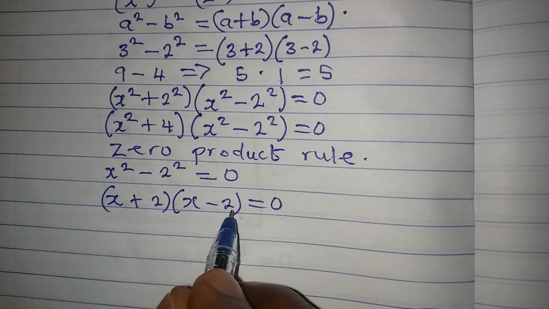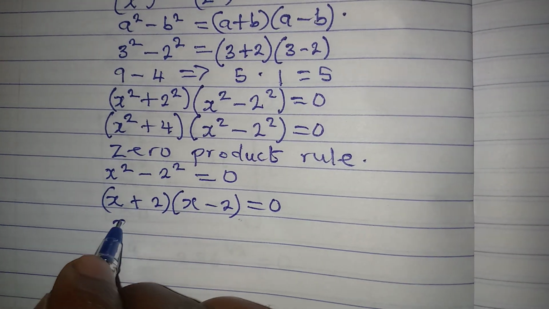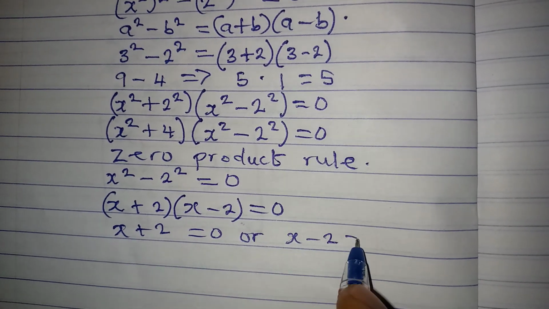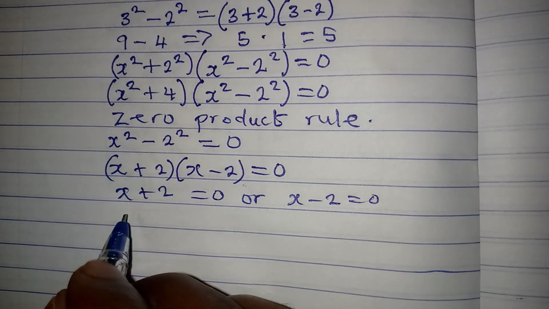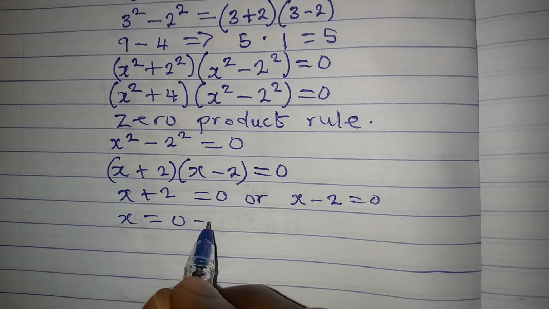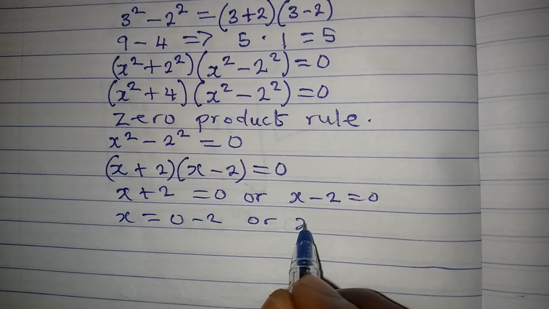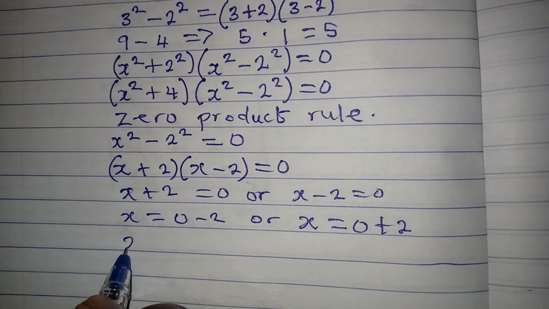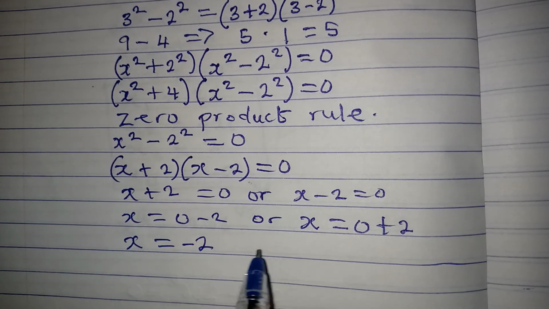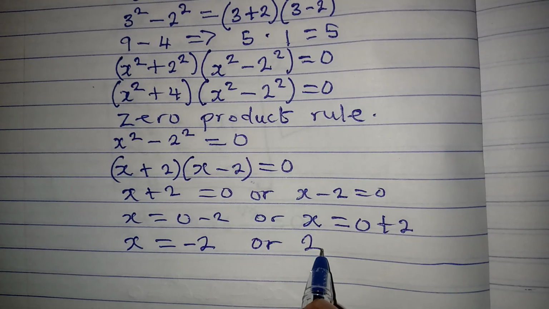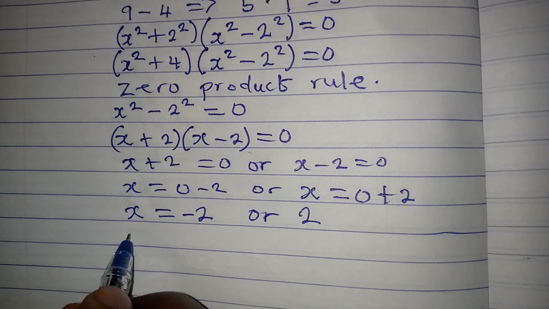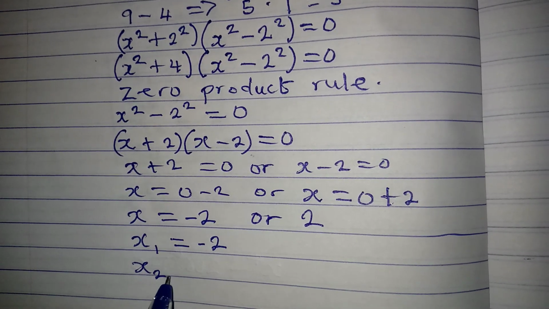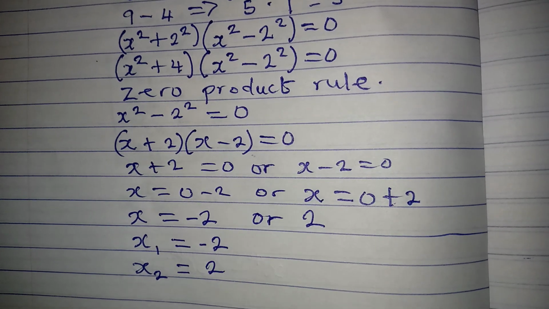Now apply the zero product rule again, so that x plus 2 is equal to 0 or x minus 2 is equal to 0. From here, x will be equal to 0 minus 2, or x will be equal to 0 plus 2. So our x is minus 2 or plus 2. So we can say that our x1 is minus 2 and our x2 is plus 2.